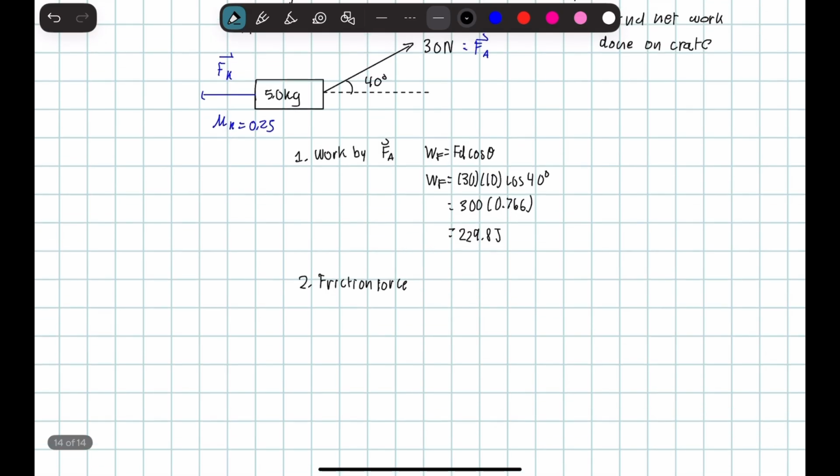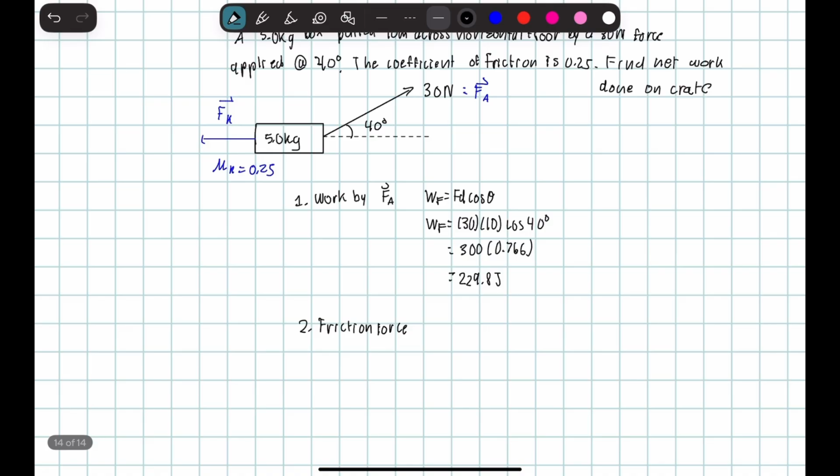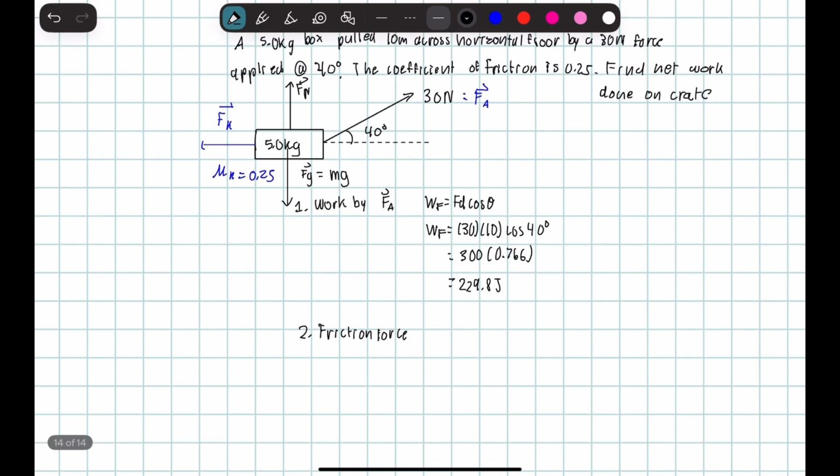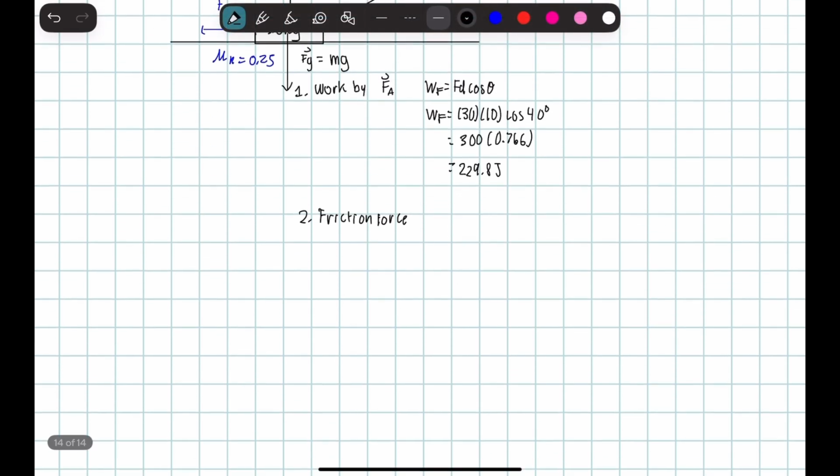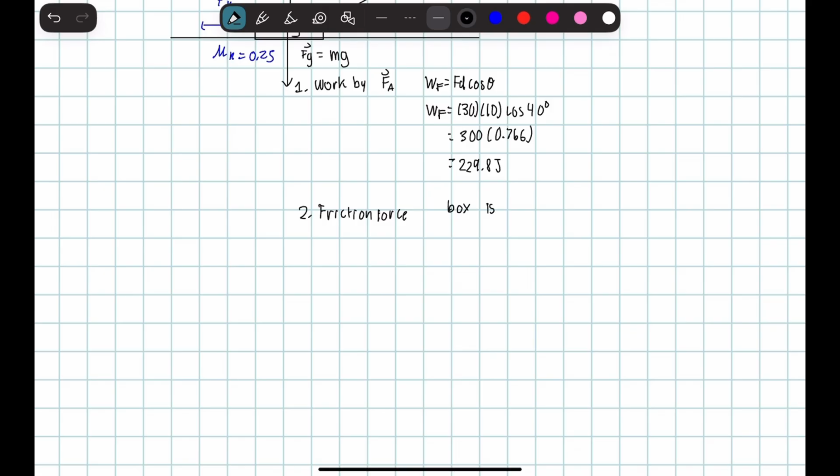Now let's find the friction force. So for friction, we have that N is the normal force. Draw this. The normal force is going to be equal to Fg, and we know that Fg is equal to mass times gravity. We also know that the box is at vertical equilibrium because the box is only moving to the side.